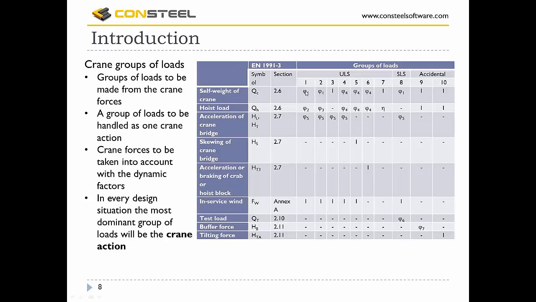Each of the factors depends on the group of loads. Here you can see which dynamic factors have to be used. And one group of loads shall be handled as one crane action. In every design situation, the most dominant group of loads will be the crane action.